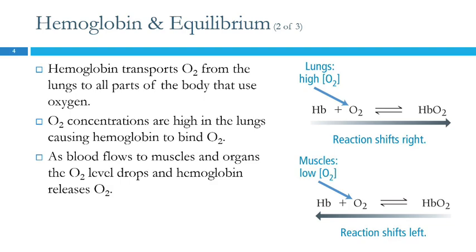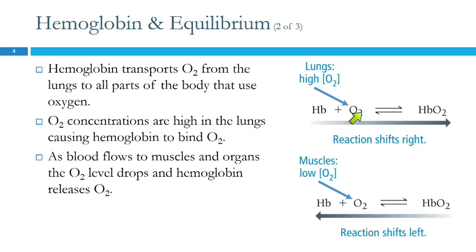But here, this is at an equilibrium, the blood comes into the lungs, and now this is higher. And the equilibrium's like, no, we don't like that. We're going to make it lower. And so it will react with the hemoglobin to lower this concentration. Now, will it get back to what it was before?